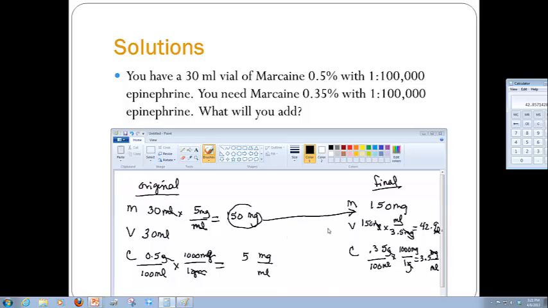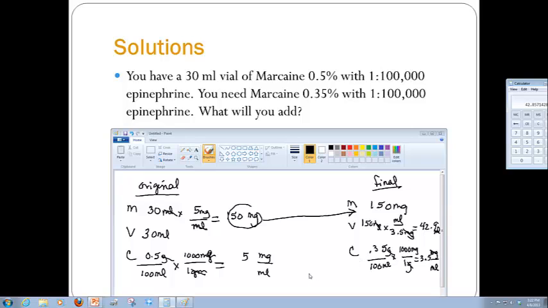So the question is asking, what would you add? This seems to trip students up too. They're able to calculate what's in the original vial. They're able to calculate the mass, volume, and concentration of the final solution, but they forget the last step means to go up and answer the question that's asked. The question that's asked is, what will you add? The original solution contained 30 milliliters. The final solution needs to contain 42.9 milliliters.